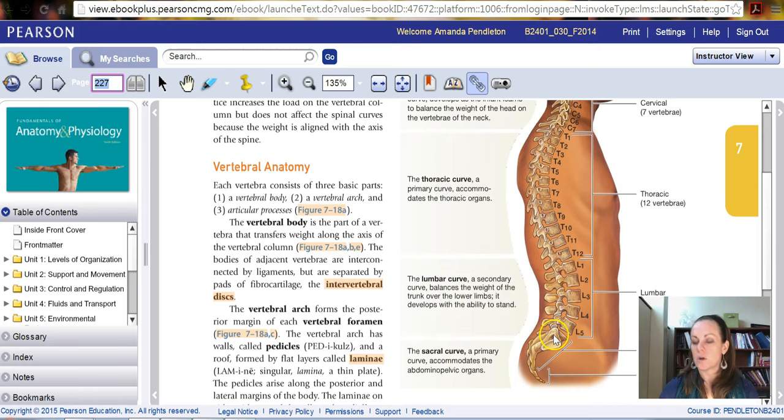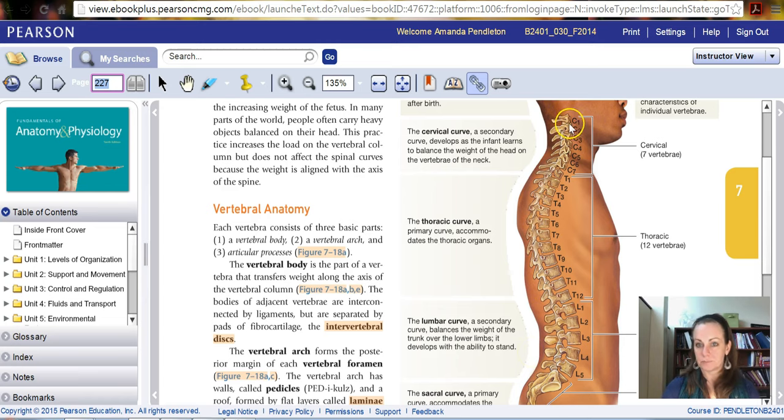Another one that's a primary curvature that you're born with is the sacral curve here, okay? However, others you gain over time as you start putting weight on this column. So those that are gained over time are called secondary curves. So here's a secondary curve in the cervical and in the lumbar region.